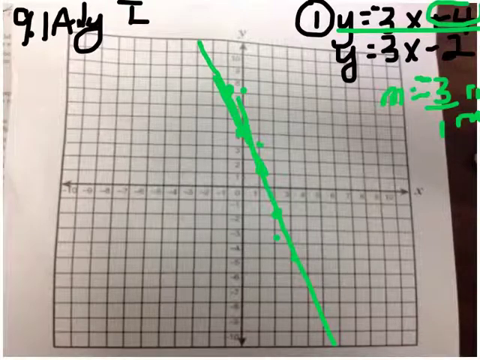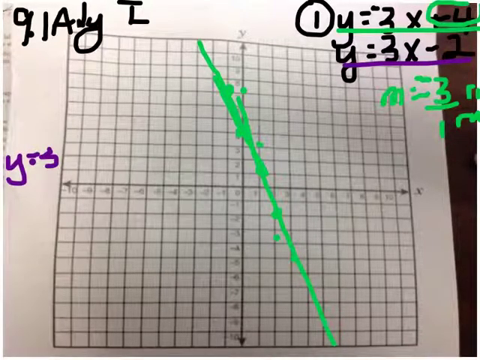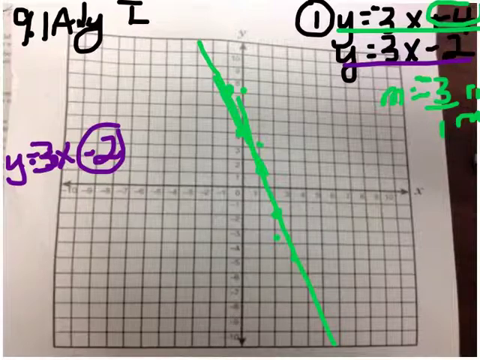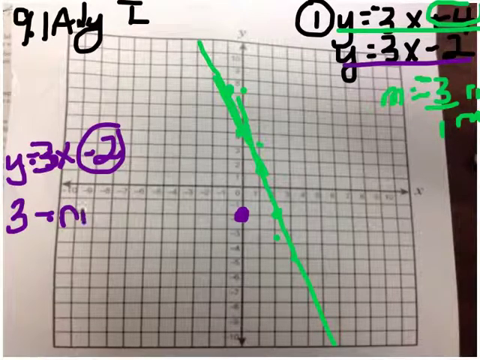Okay, so now I've got to graph the second line. The second line is y equals 3x minus 2. And the y-intercept there is negative 2, so I'm going to color it in. And the slope is 3. That's the slope. And remember, that's rise over run.